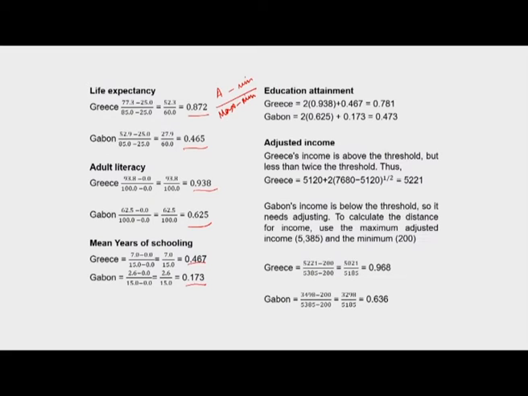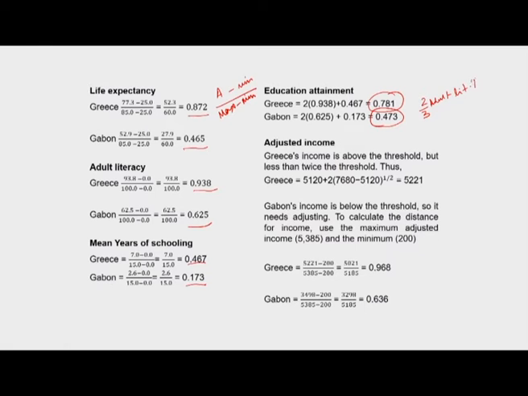Now since the education dimension contained two indicators, adult literacy and mean years of schooling, the educational attainment index was calculated by giving a 2/3 weight to the adult literacy rate and a 1/3 weight to the mean years of schooling, which ultimately came out to be 0.781 for Greece and 0.473 for Gabon.